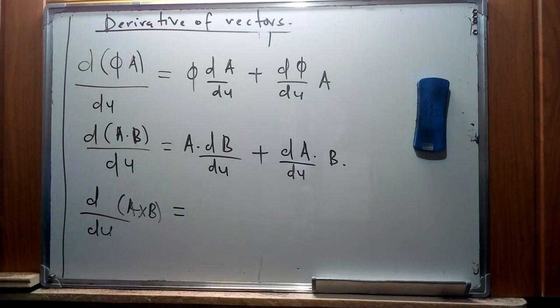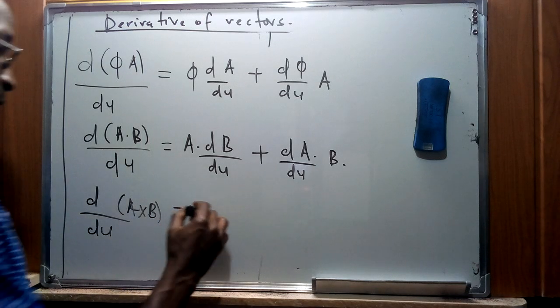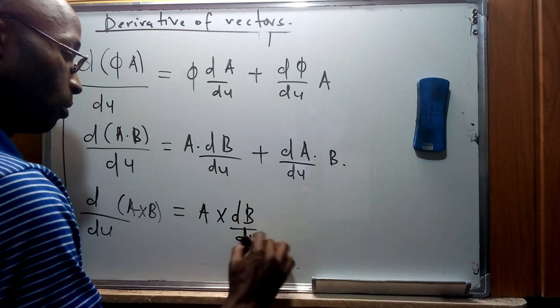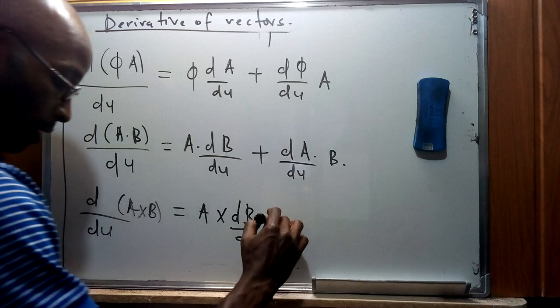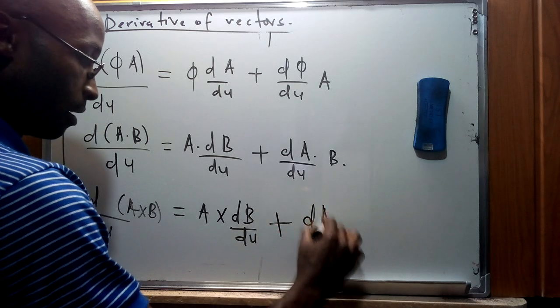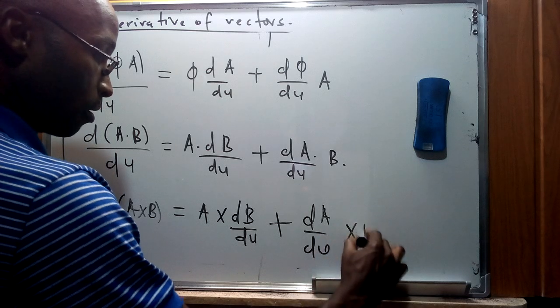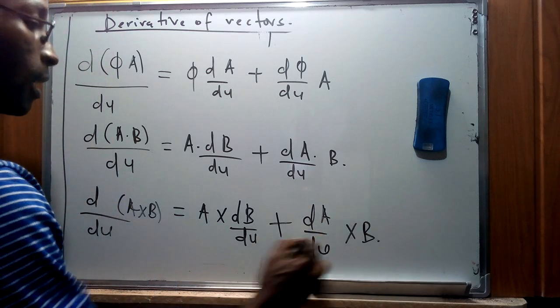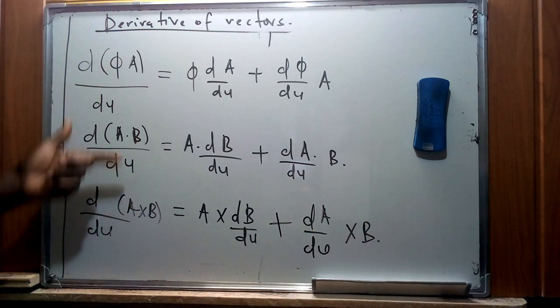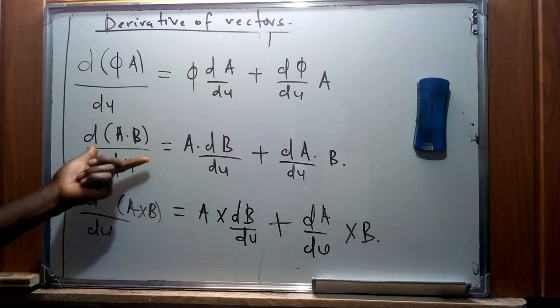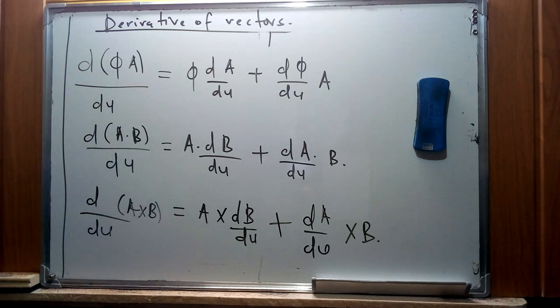So basically we're trying to represent vectors, and here we can find the derivative of vectors. We're going to have a cross db over du, plus dA over du cross b. So this is a general representation for the vectors that we may come across and how we are going to perform their derivatives, for the dot product and for phi a.